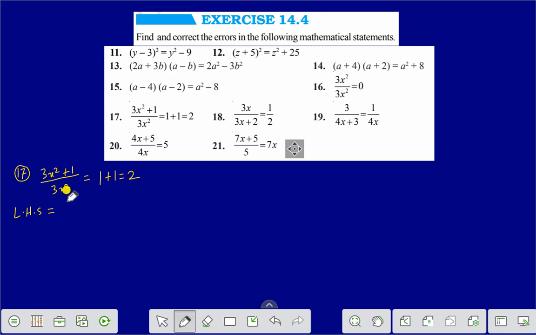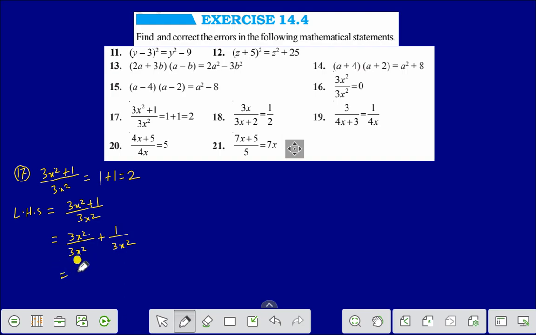The value of the left hand side is equal to 3x square plus 1 divided by 3x square, or it can be written as 3x square by 3x square plus 1 by 3x square.